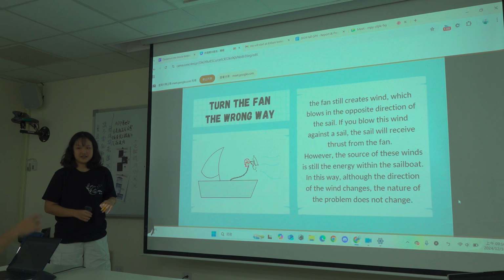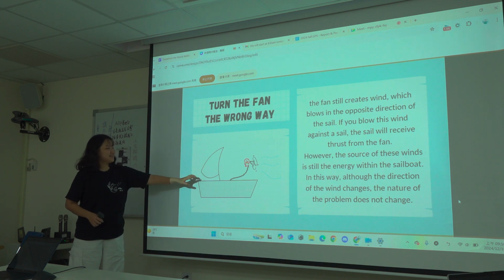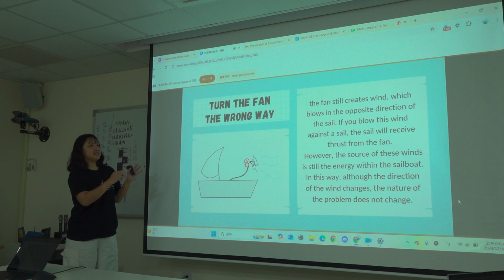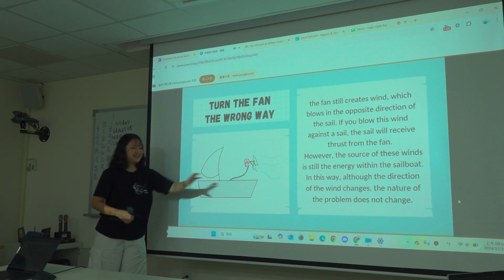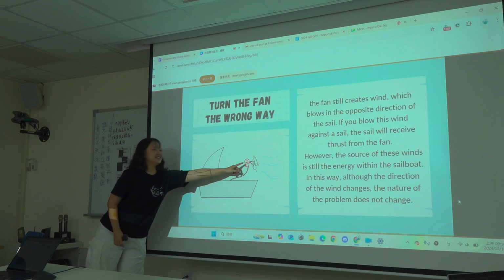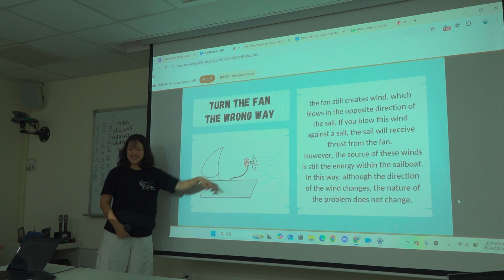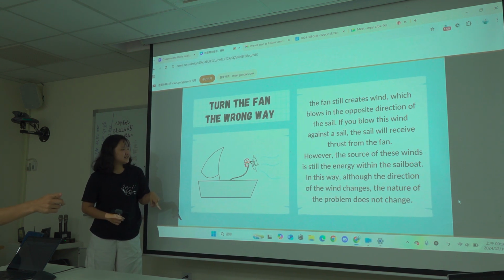I don't think so. Because if you're on a boat and you use a fan, because it is a sail ball, it just can move. It can move left, right? If you can push it to the right, it can move left.